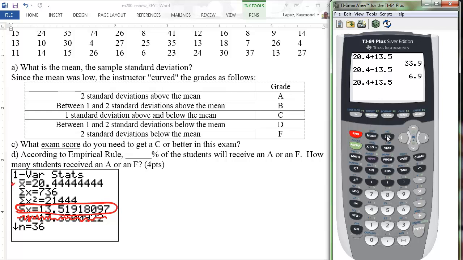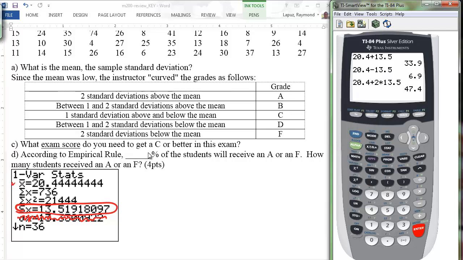So I press second function and insert, and then I'll say 2 and then times, and then that's going to give me my 47.4. So the B range goes from 33.9 to 47.4. So anything above 47.4 would give you an A. Alright, so that's the setup for that.